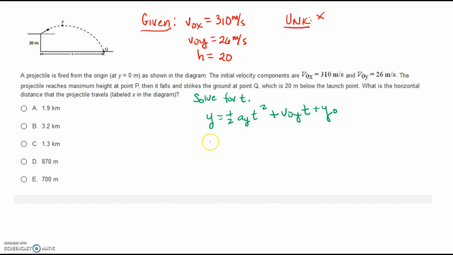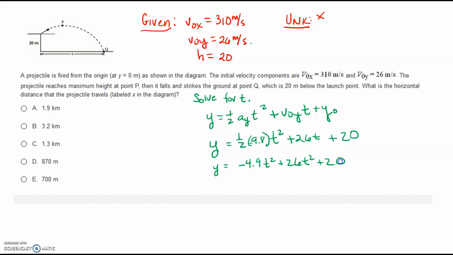Then y is equal to 1/2 times 9.8 t squared, and this is negative because gravity is negative, plus 26t, because that's what we have up here, plus 20. Y is equal to negative 4.9 t squared plus 26t plus 20.